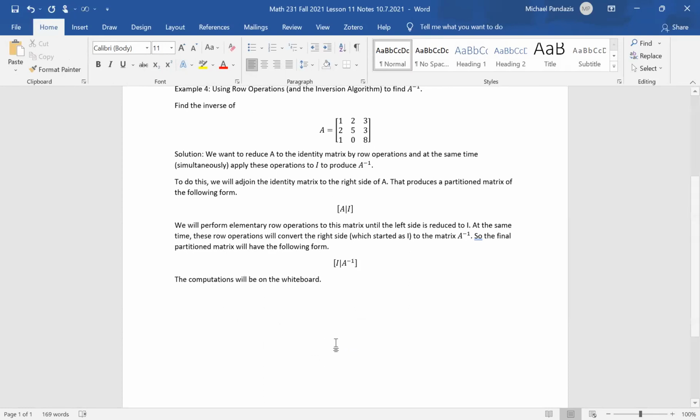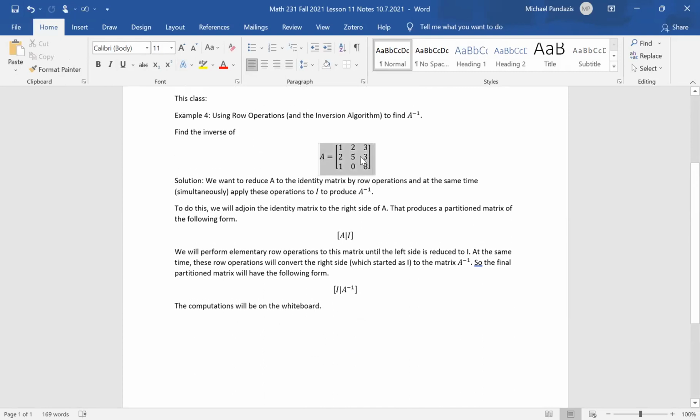But just going over the goal and the general procedure, you start with the matrix A, and you want to find the inverse of this matrix A. So you start with the partitioned matrix, A on the left, I on the right.